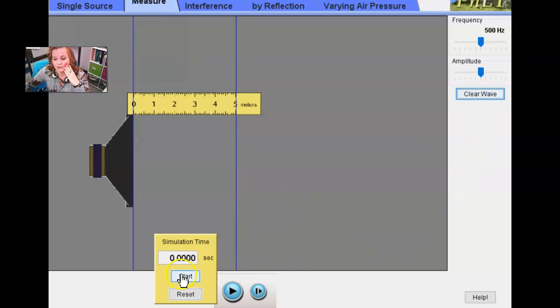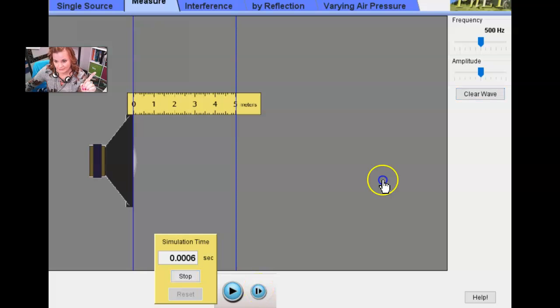If I push start on the timer, it doesn't start moving. The timer doesn't start ticking until I push play. So I can push play, and then it's the second the wave hits the 5 meter mark, push pause, and it'll tell me the time. This is even better. If I push this button here, this is a step button, it's not a pause button.